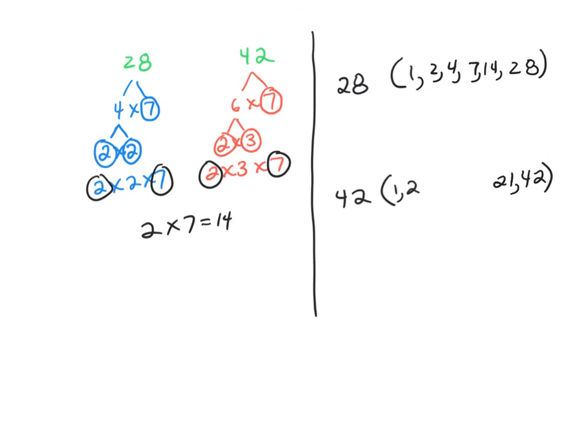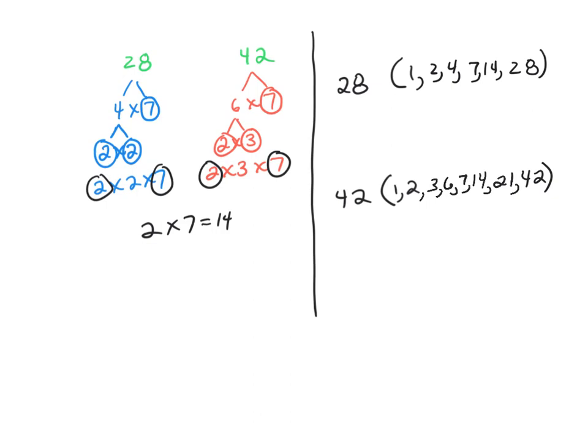Now, I need to see if there are any other factors. Well, for 42, the sum of 4 and 2 is 6, so I know it's divisible by 3. So I know that 3 times something has to give me 42, and 3 times 14 would give me 42. Finally, I also know from my facts that 6 times 7 is equal to 42.